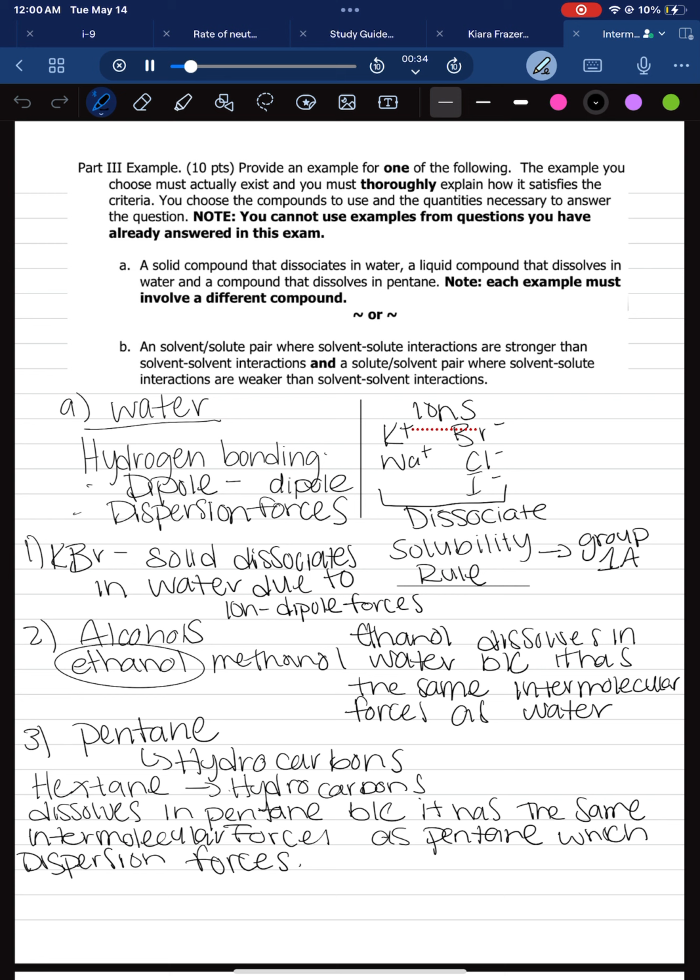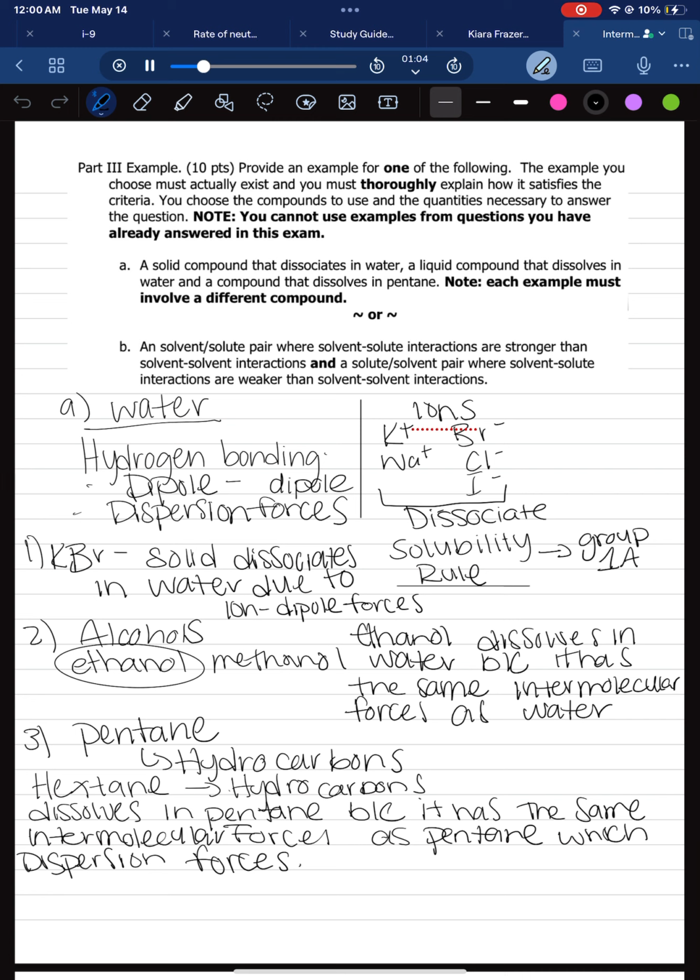So, we need to give an example of a solid compound that dissociates in water. So let's think about our ions. Specifically, group 1A, we have K plus and Na plus. And we also have our anions: Br minus, Cl minus, and I minus.